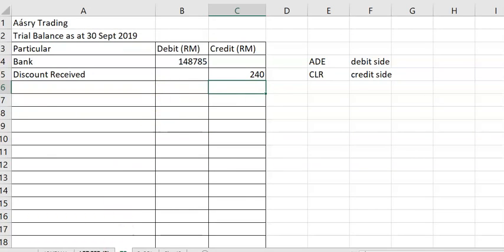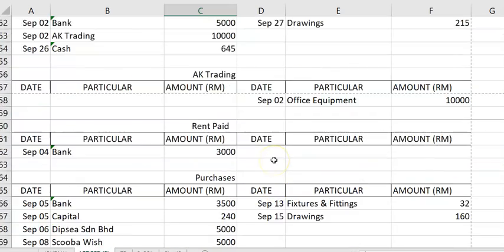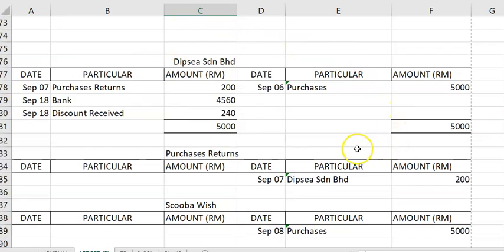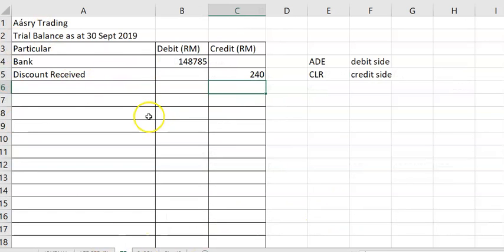Okay, for accounts that do not have balances, for example, just now, the Tipsy account does not have a balance. So you do not need to put it here, because the trial balance is to list out all the balances from the ledgers.